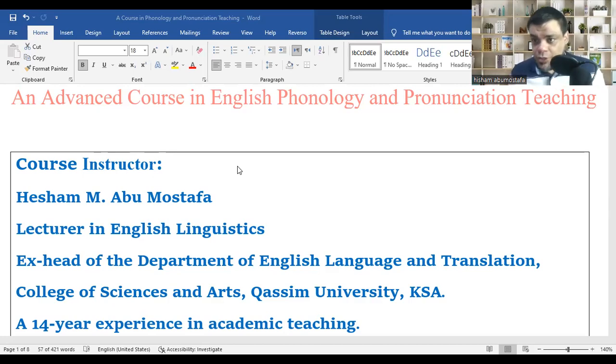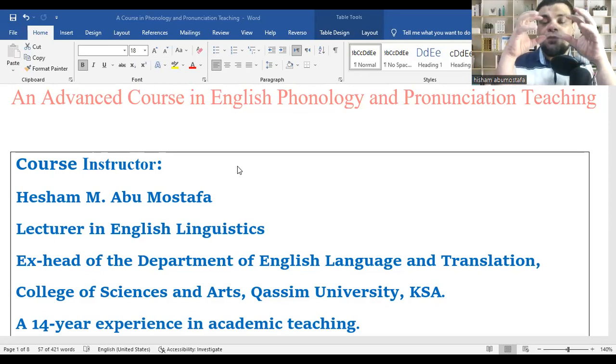of phonology. So what is the difference between phonetics and phonology? Actually, in phonetics, we study the production of sounds, how sounds are produced, and we differentiate between vowels and consonants, vowel sounds and consonant sounds. We differentiate between letters and sounds, okay?